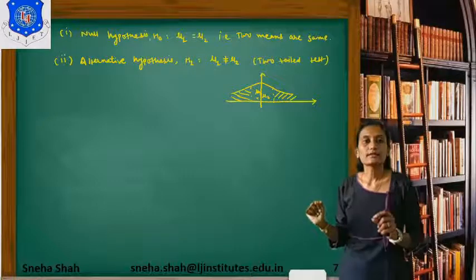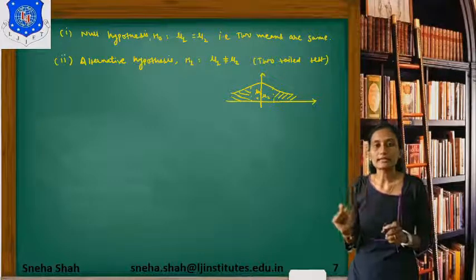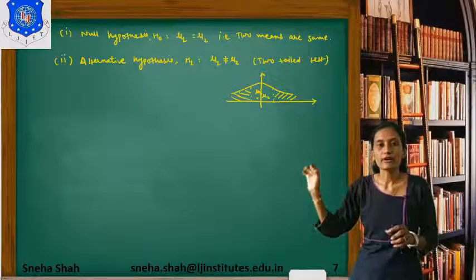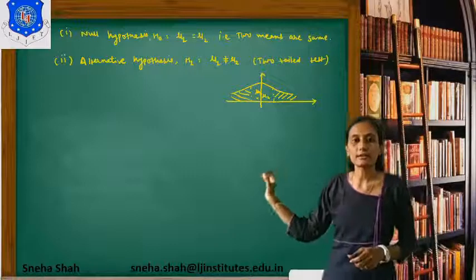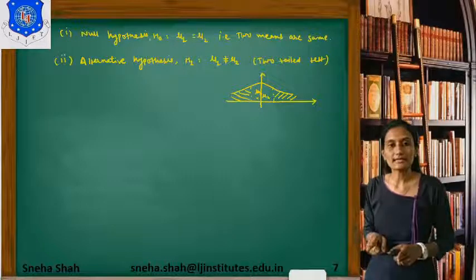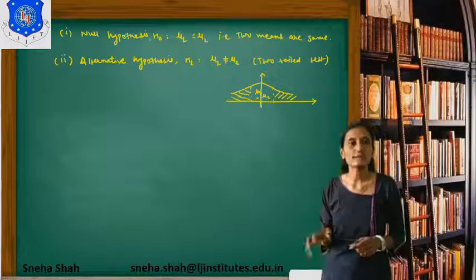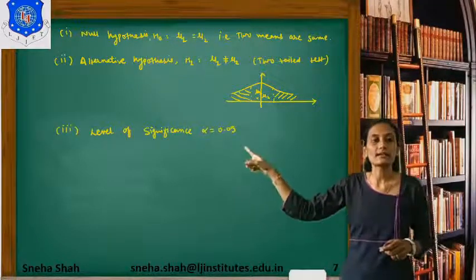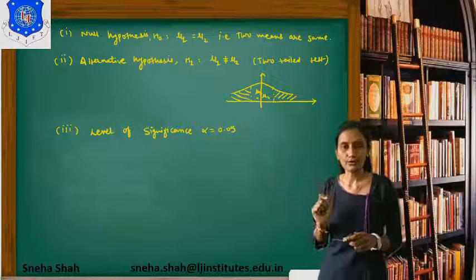So in this, we will use the two-tailed t table for finding the critical value of t. Now the next step is the level of significance. As the level of significance is not given to us, we will take the level of significance alpha equals 0.05.